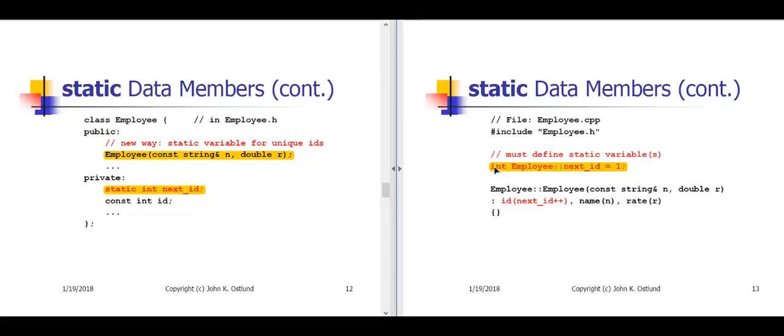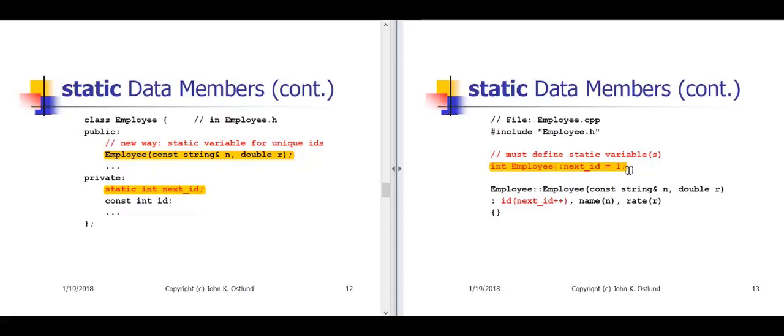It is an int, and its initial value is 1. That means that when we compile this code, link it into a program, and run the program, as soon as the program starts running, there is going to be this nextID int variable in the static data area that's part of the employee class and that is already initialized with 1 even before any employee objects are created.